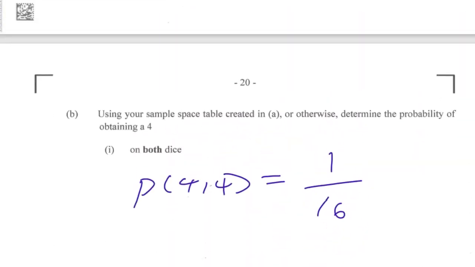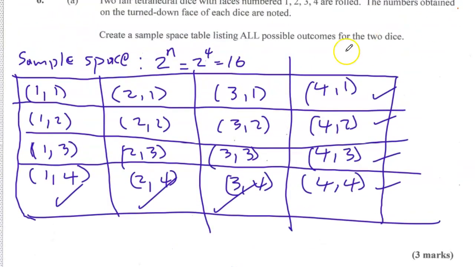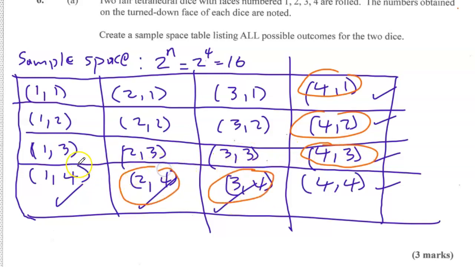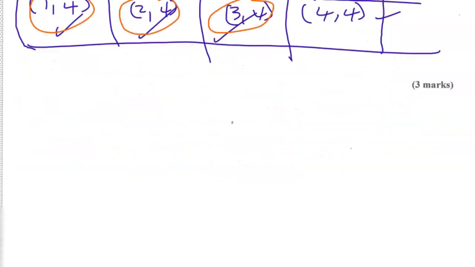Let's look back at our table. I want a 4 on only one die. So here's a case: that's 1, 2, 3, 4, 5, 6. In all those situations, exactly one die has a 4. So that's 6 out of the 16.